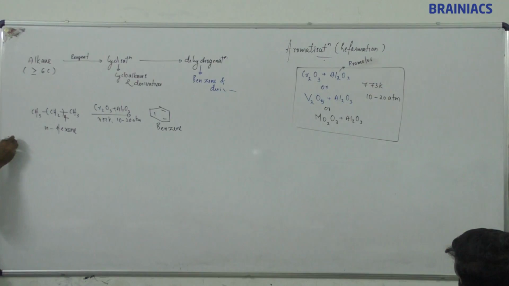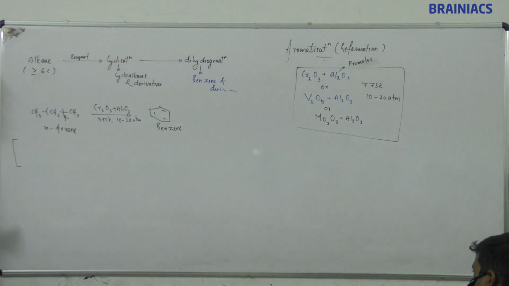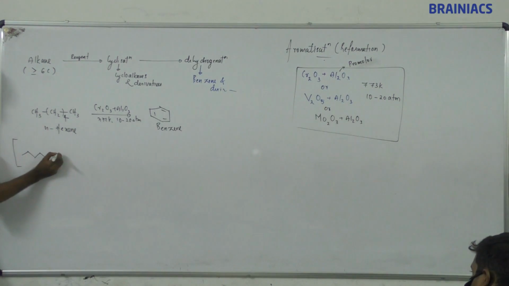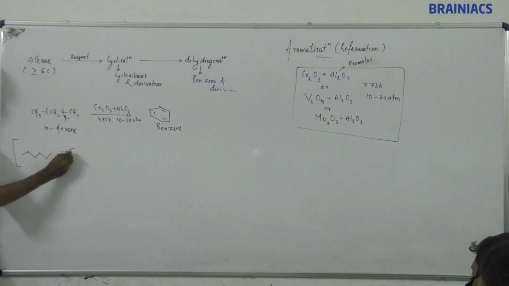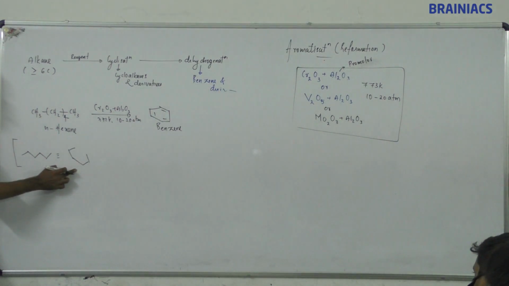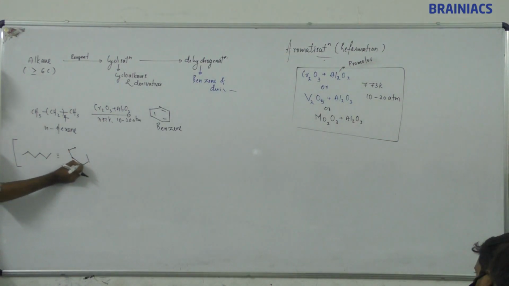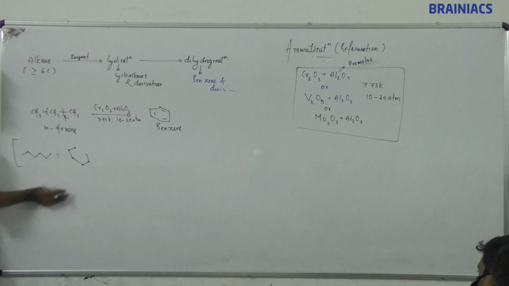Listen, mechanism. This is normal hexane. This is also normal hexane. Agreed? 1, 2, 3, 4, 5, 6.